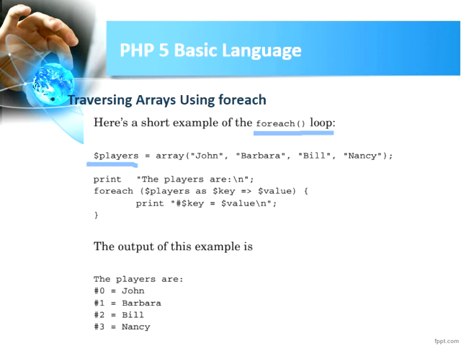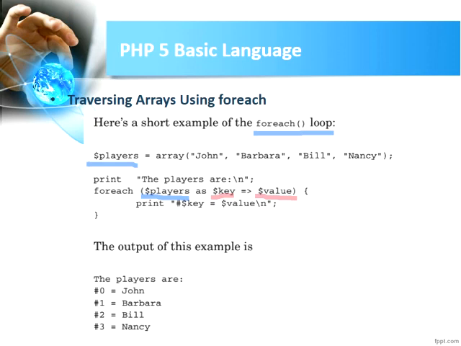Okay, and we want to display all these values, so we can write foreach $players as, and here we can use any name, $x => $y or $t => $value, any name.